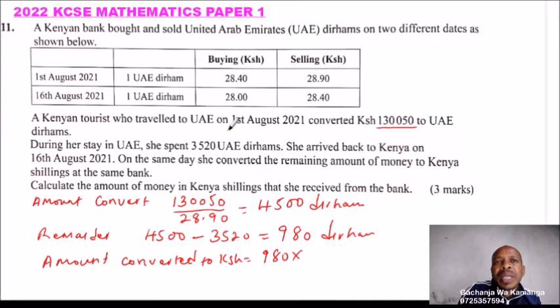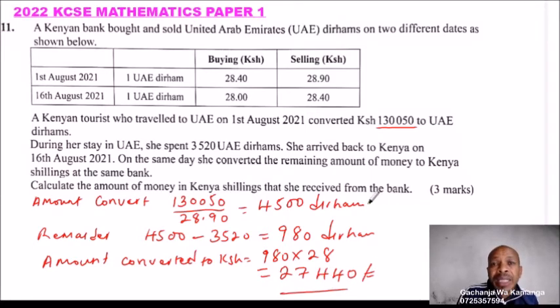Now when the tourist is selling to the bank, they buy at the lower price, that is the lower side. So you multiply by 28, and when you multiply that, you'll be able to get 27,440 Kenyan shillings. So that is the amount the tourist received after converting the dirham that remained when she came back to Kenya.